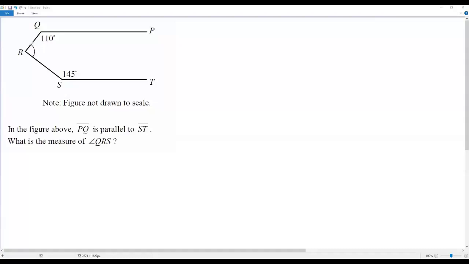Okay, to find the measure of angle over here, what I'm going to do is draw another line segment which is parallel to both PQ and ST. Okay, let me do it.